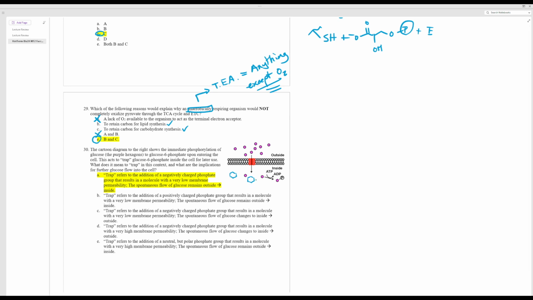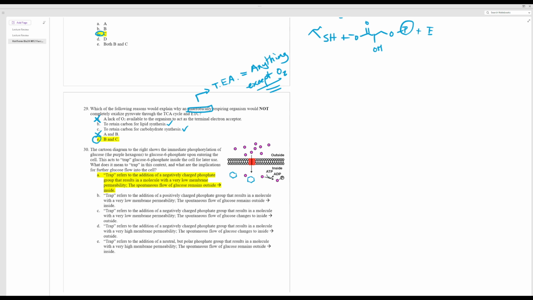Basically, if a cell is at equilibrium with its environment, that thing's dead. Okay. So we don't want that to happen. We want glucose to keep coming inside of the cell for the cells to use. So we need to find a way to trap it. We need to find a way to keep it inside the cell and have more glucose spontaneously come in.